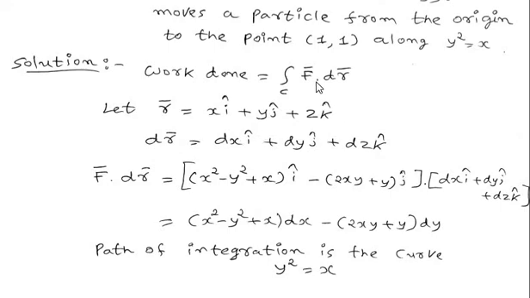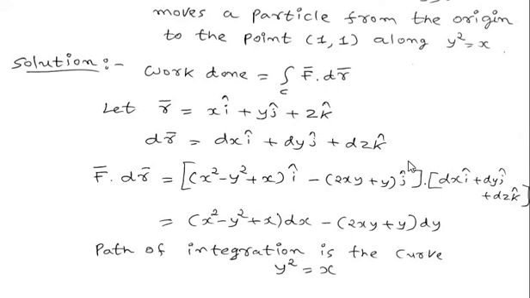First of all, we have to find f bar dot dr bar. So dr bar is dx i plus dy j plus dz k, and f bar is given to us. Now we have to find the dot product of this f bar and this dr bar. So i dot i is 1, so the result is (x square minus y square plus x) dx, and j dot j is 1, so it becomes minus (2xy plus y) dy, and here the k component is absent.